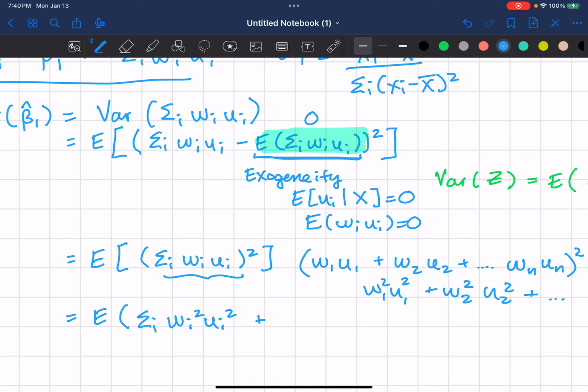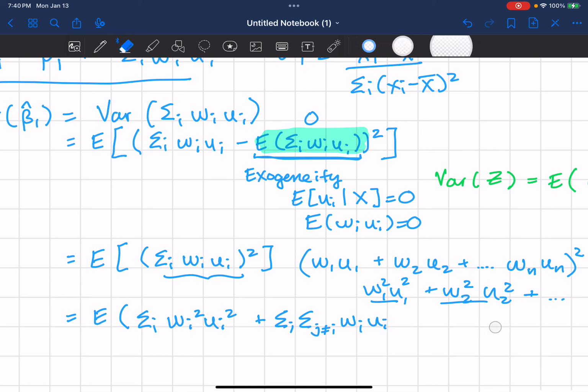So we get all of the things that match, and then we also get all the things that don't match. It would be 2 times w1 u1 w2 u2, all of that. So we're going to say sum over i, sum over j not equal to i, of wi ui and then wj uj. That's what happens when we FOIL everything.